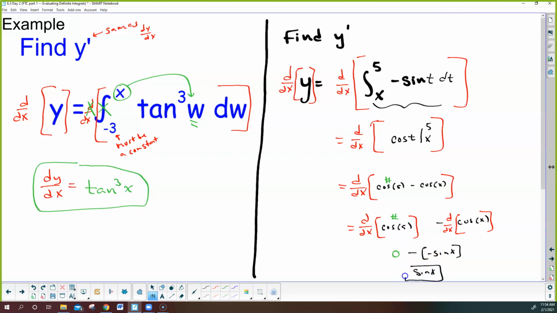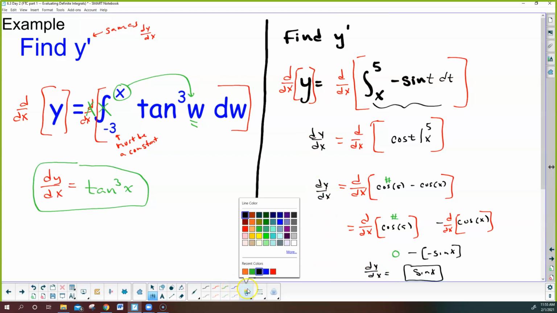Now, that is a long way of doing this work to find dy/dx, because the derivative of y is dy/dx. So, isn't there a shortcut? Isn't there a faster way to do this?